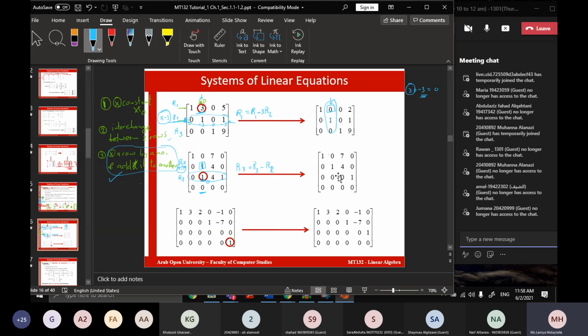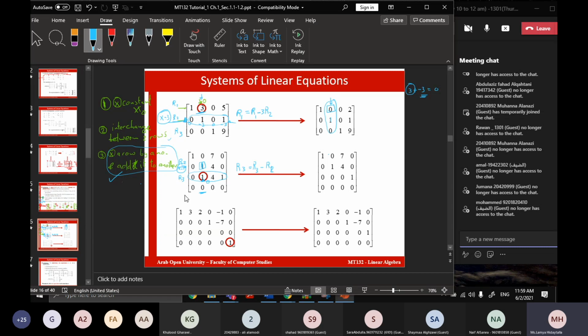Then 4 minus 4 is 0. 1 minus 0 is 1. So I got this new matrix. It is equivalent to that one because I did only row operations. That keeps the new matrix equivalent to the previous one.